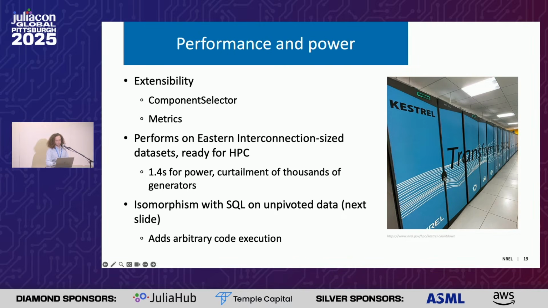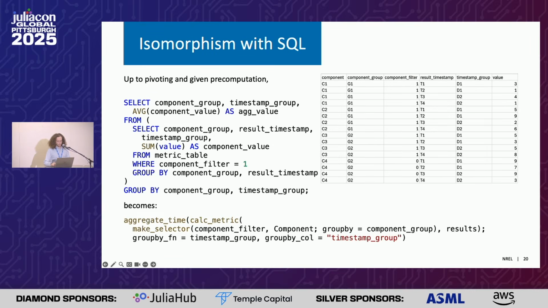And then on the next slide, I'm going to show that the isomorphism with SQL to do fully featured analytics is there. And in fact, we provide a little bit more power than SQL. So here I've given a table where I've manually computed the component groupings and the component filter function and the timestamp grouping, which PowerAnalytics does for us behind the scenes.